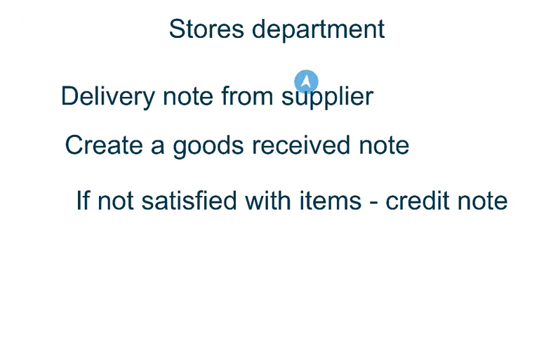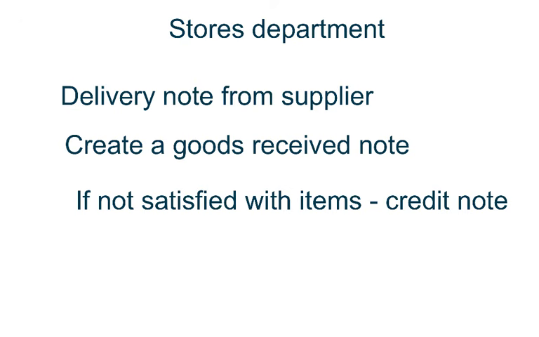They will keep the original, and the copy of the delivery note will go back to the supplier. Then the stores department will issue a goods received note where they will say this is what we received and these were the quantities that we received, and we received it from this supplier on this date and this time. And these two documents will now go to the purchase department.